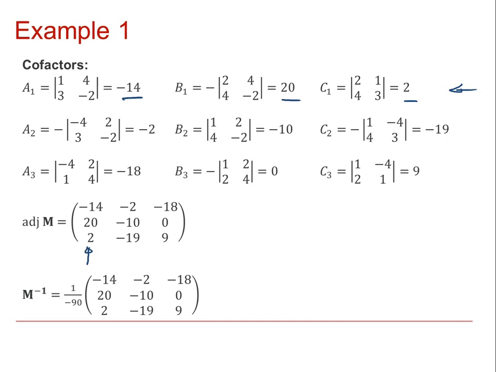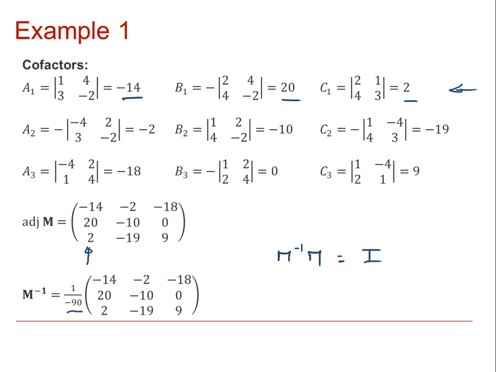The determinant was -90, and that gives M inverse. If you wanted to check that it is correct, you could find M inverse multiplied by M and check that indeed that gives you the 3 by 3 identity matrix. Remember also, if it's a numerical example like this, you could enter the matrix into your calculator and work out the inverse and also the determinant in that way.